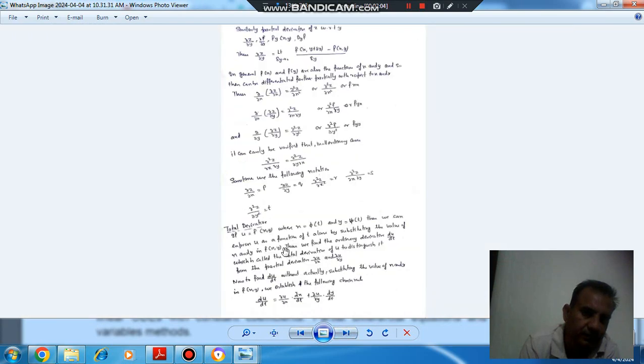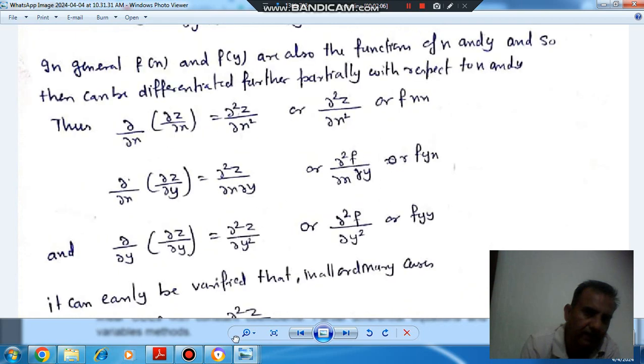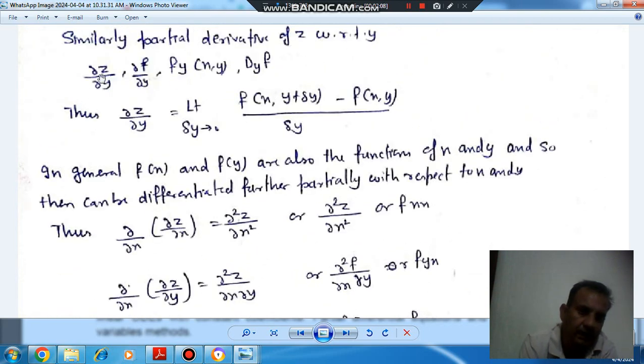Similarly, if we keep x constant and find the derivative of z with respect to y, then we have the partial derivative with respect to y, which is also represented by curly z by curly y, curly f by curly y, f_y(x, y), or D_y f.